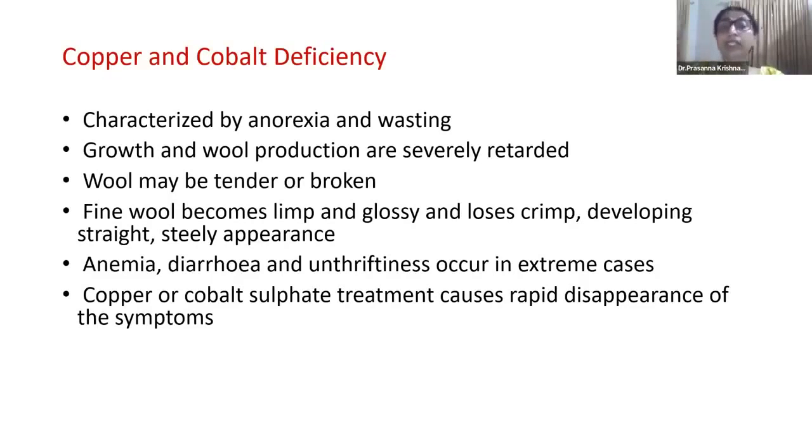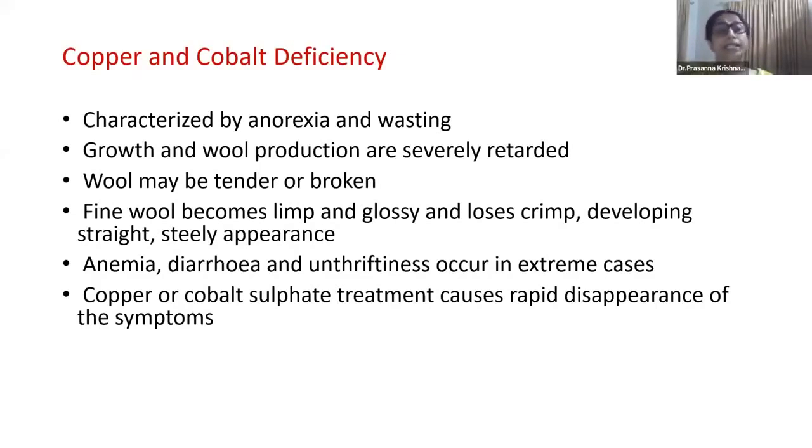It may not cause death, but there will be economic loss for the farmers, and the wool may be tender or broken, the fine wool becomes limp, it loses its glossiness, and a steely wool appearance will be there. Sometimes anemia, diarrhea, and unthriftiness occur in extreme cases.